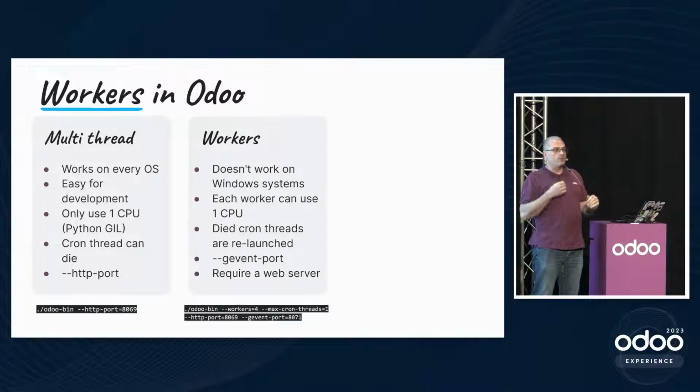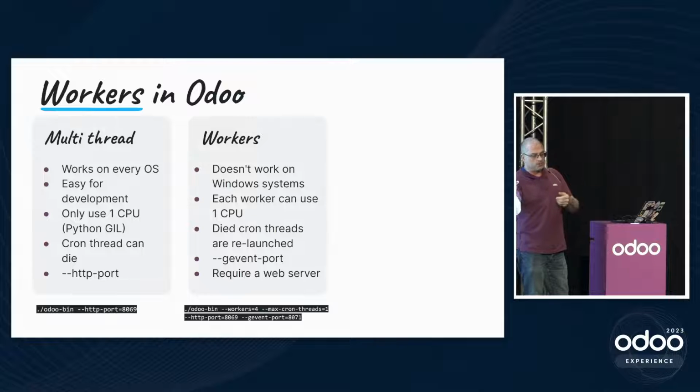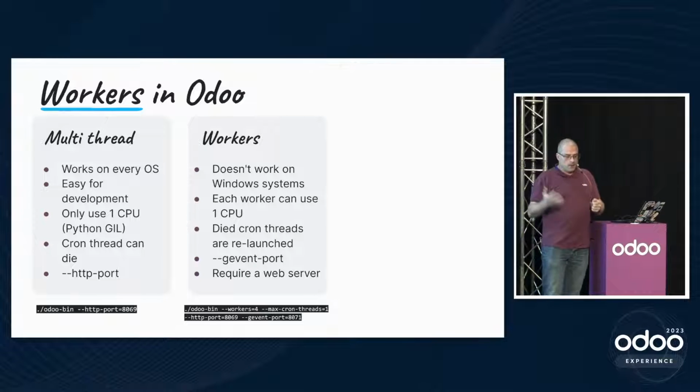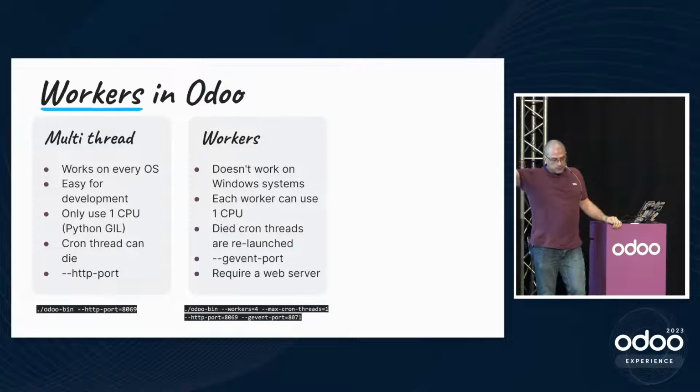Because your web browser will only connect to one TCP port, it's mandatory to have a web server to route the calls to the HTTP port or to the WebSocket port.